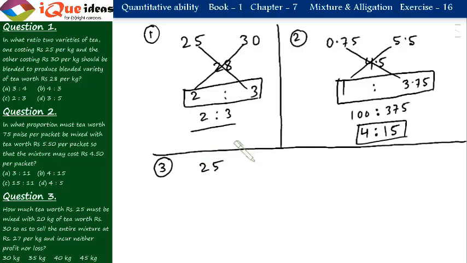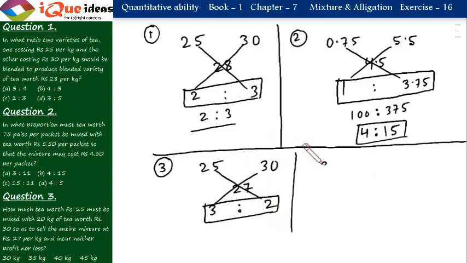So 25 is the cost of the first one, 30 is the cost of the second one, and the average price should be 27, because we do not want any profit or any loss. So the difference of these two, 27 minus 25 is 2, 30 minus 27 is 3. So the ratio of quantities is 3:2.